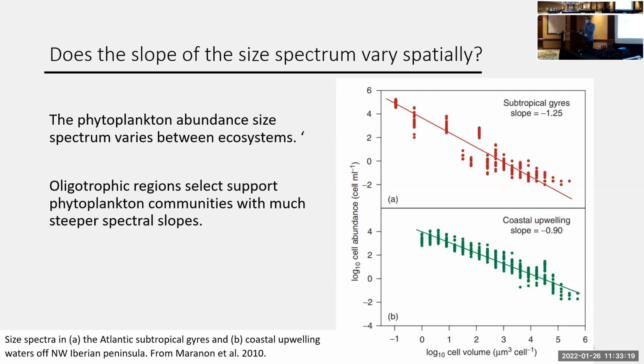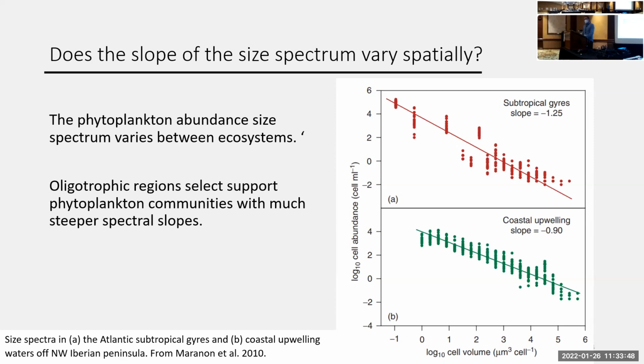This is from Marañón et al. 2010. The oligotrophic region has a very steep slope because there are fewer nutrients available for these phytoplankton, and the larger phytoplankton are outcompeted. But in the bottom plot, in the coastal upwelling zone, we see a greater proportion of larger phytoplankton represented, which is due to the increase in nutrient availability.